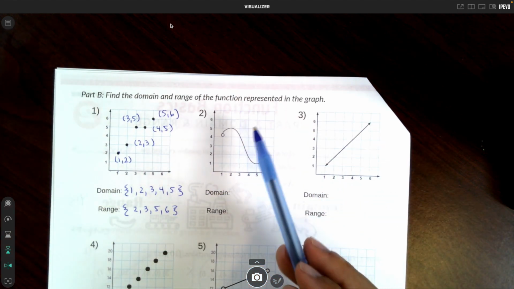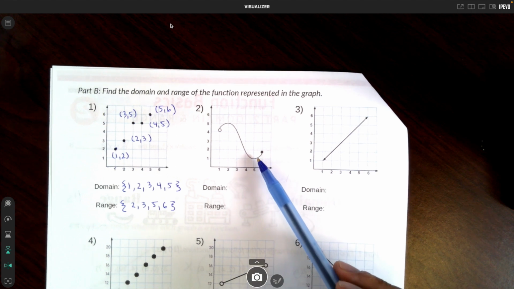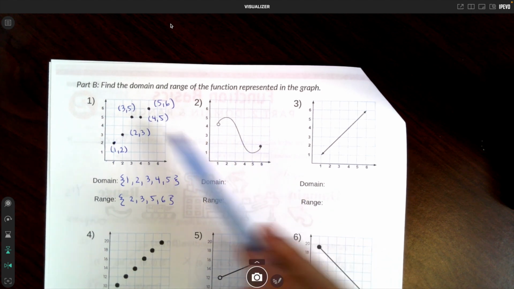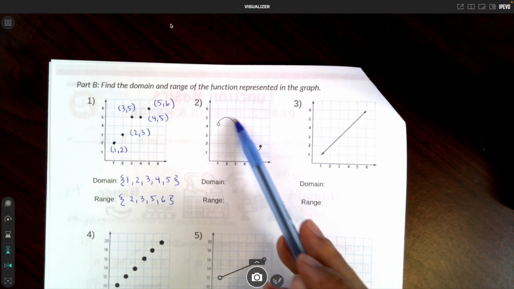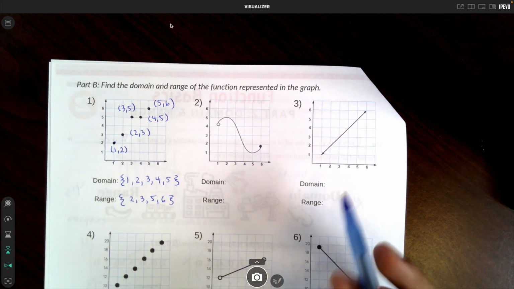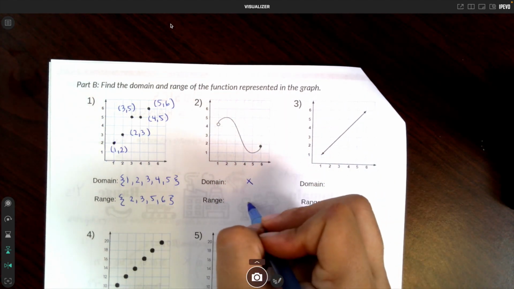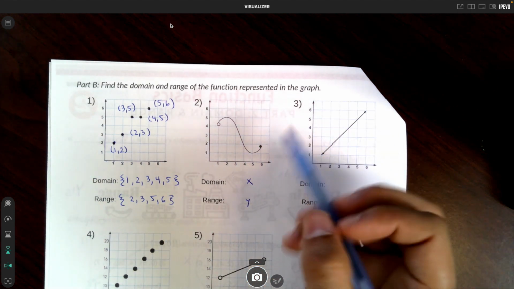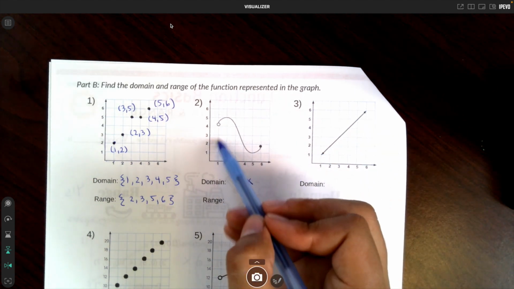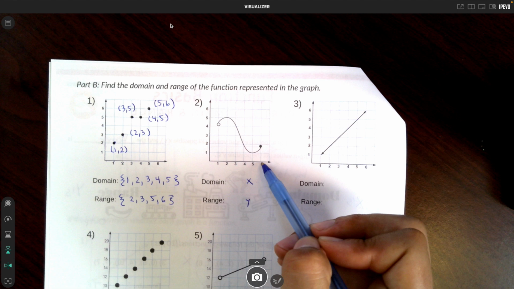Now, if you're looking at a graph and the graph isn't just points and it's a line, we can rewrite domain a little bit differently. Remember, domain is all the x's and the range is all the y's. So the domain goes as low as 1 and as high as 6.